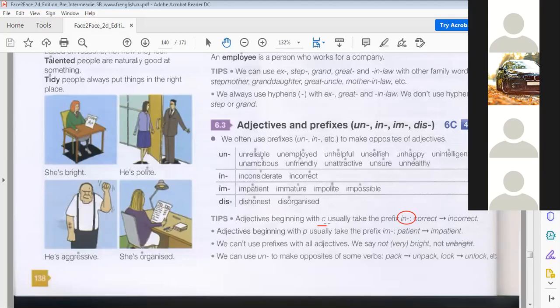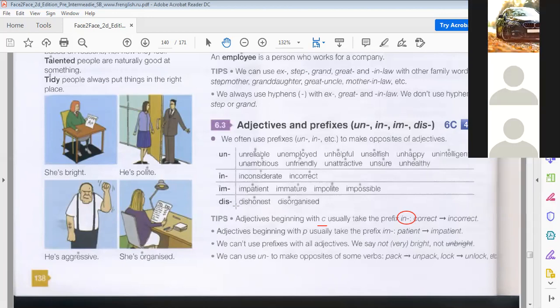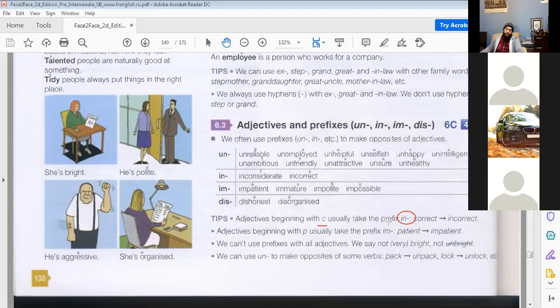So, for example, considerate, inconsiderate, correct, incorrect, convincing, unconvincing. My point is that this is common. We use it a lot. So if you have an adjective that starts with C, there's a big chance that you can make it negative using in.